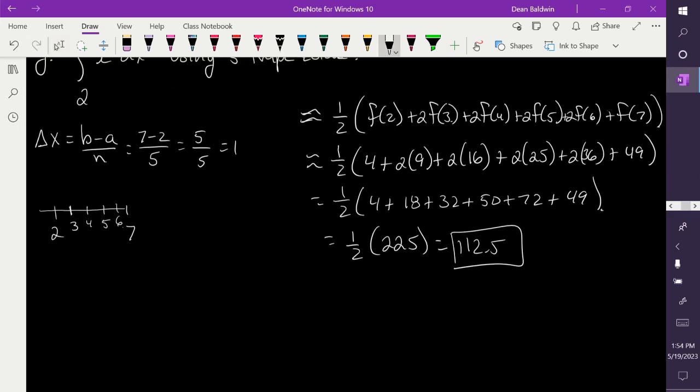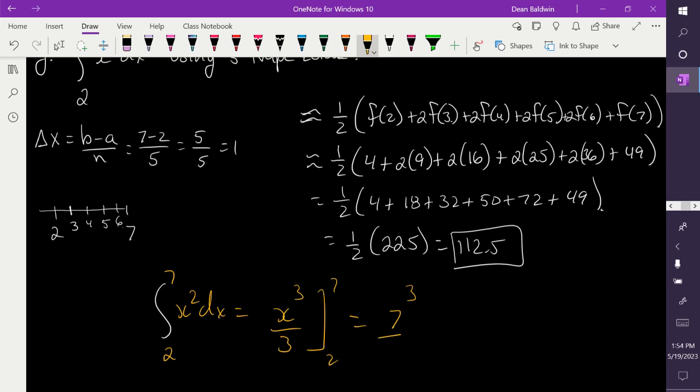The actual answer, because we can do this using our integration properties, is the integral from 2 to 7 of x squared dx. The antiderivative is x cubed over 3, between 2 and 7: 7 cubed over 3 minus 2 cubed over 3, which is 8 over 3.